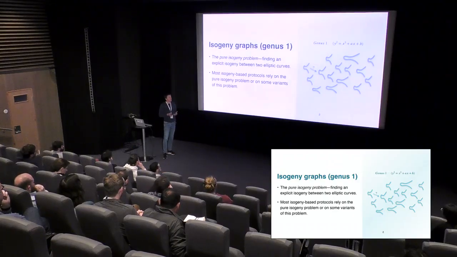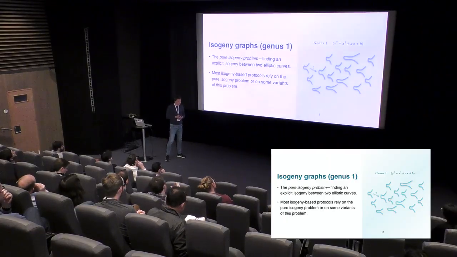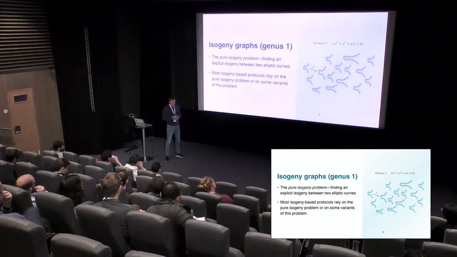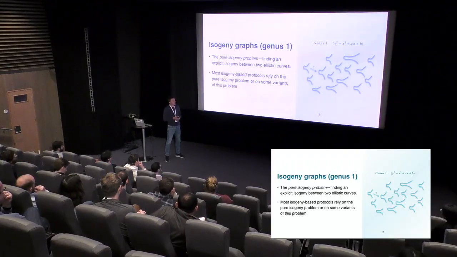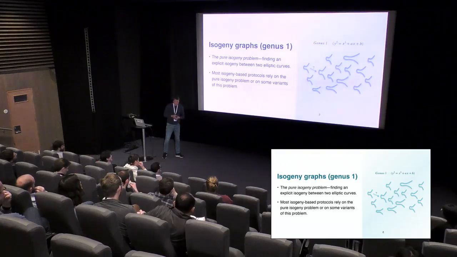But what does it mean, higher dimensions, in the context of elliptic curves? An elliptic curve is the same as a torus geometrically, but algebraically it is given by this kind of equation.